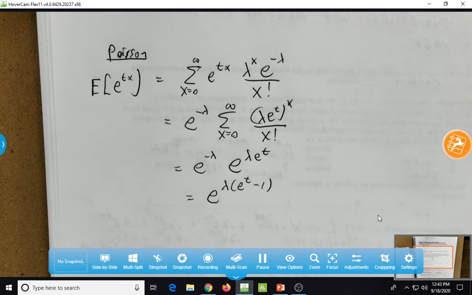Well, this tx here is the same thing as e to the t to the x, and so then you can put those together. See, those teachers in 9th grade algebra, there's use.